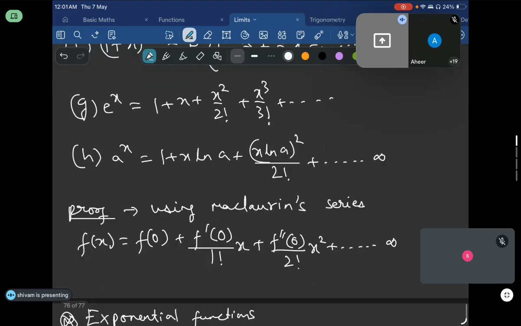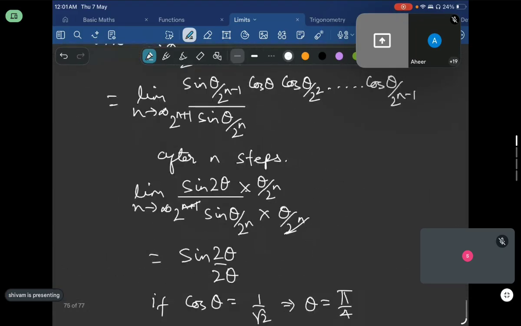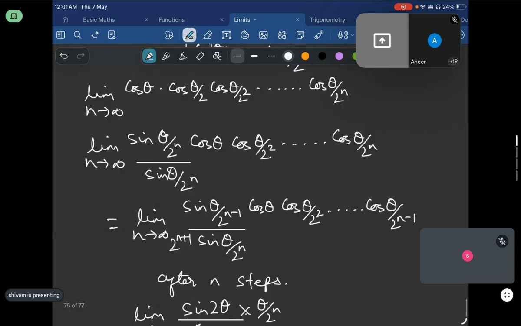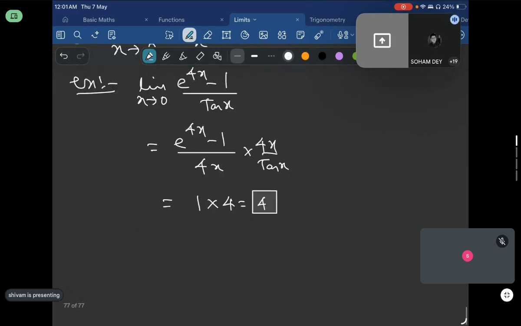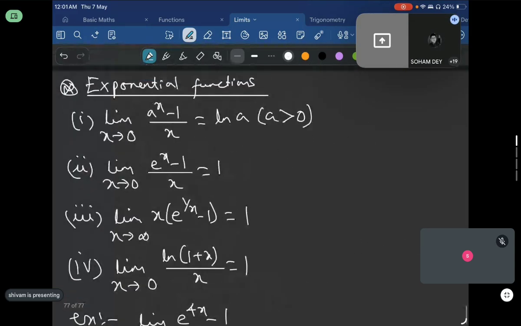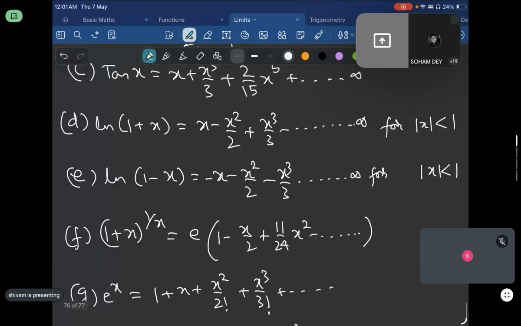Question number. Sir, in the expansion of ln 1 minus x, you wrote that mod of x would be less than 1. But sir, if x can be equal to minus 1... No, I have written strictly less than 1.